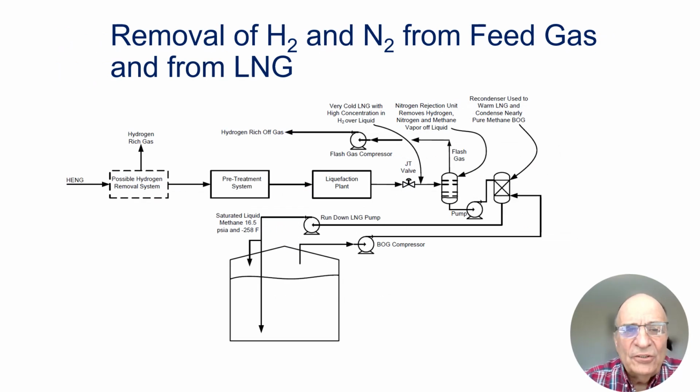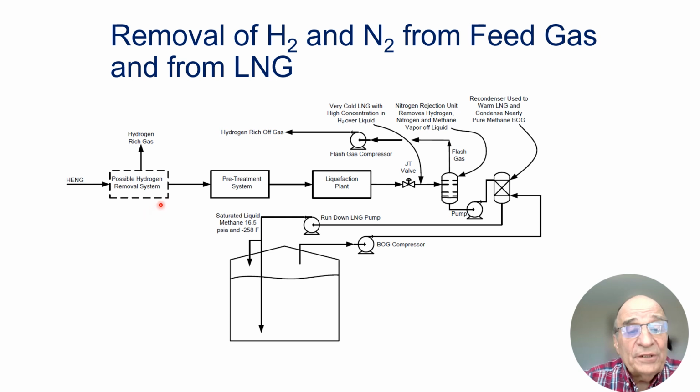Now let's take a look at a unit that can remove both hydrogen and nitrogen from the feed gas. Now, hydrogen is desirable to remove, most of it or as much as you can, before it ever gets into your LNG facility. The reason is you really don't want hydrogen in large quantities to come through your pretreatment system and go through your mole sieve, which is going to be heated up to 550 degrees Fahrenheit during regeneration, because of the hydrogen stress corrosion cracking concern.